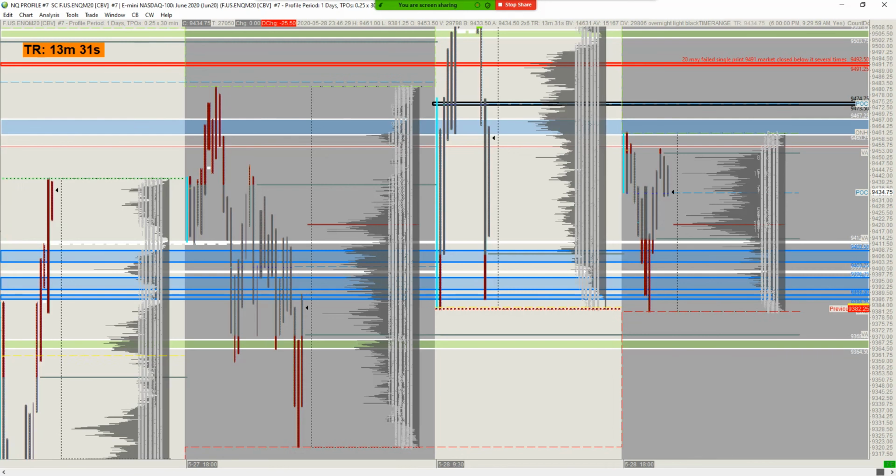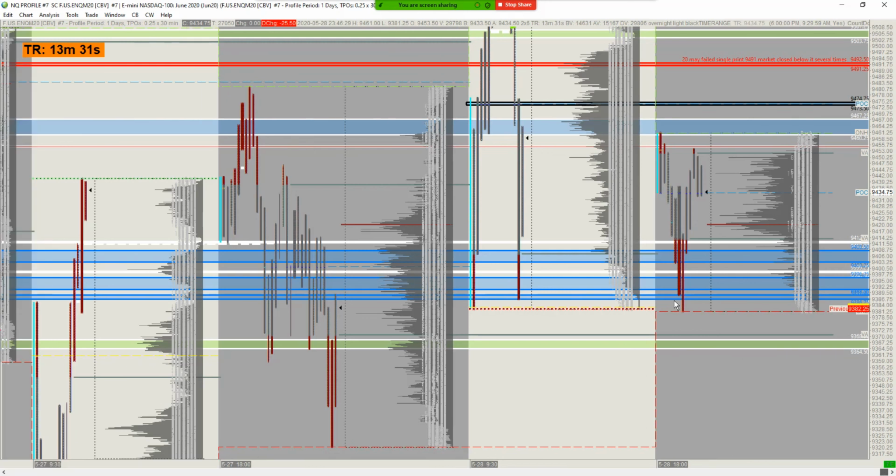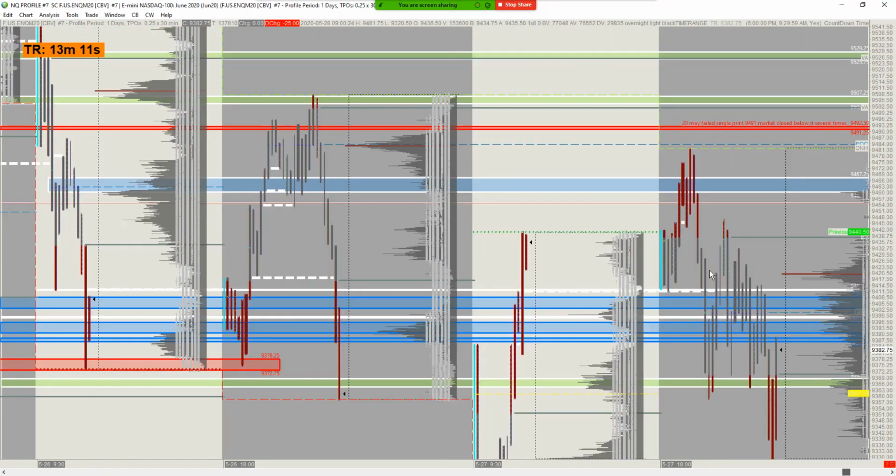You get it? So look how the market bounced off of this so many times. It becomes very clear that this is going to be very hard to break, because we know that in previous days, the market spent a lot of time in that area. You get it?